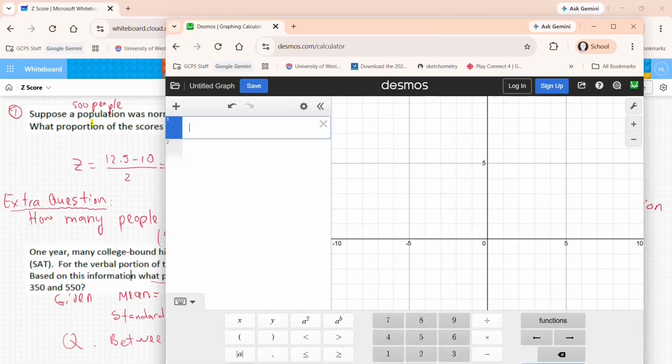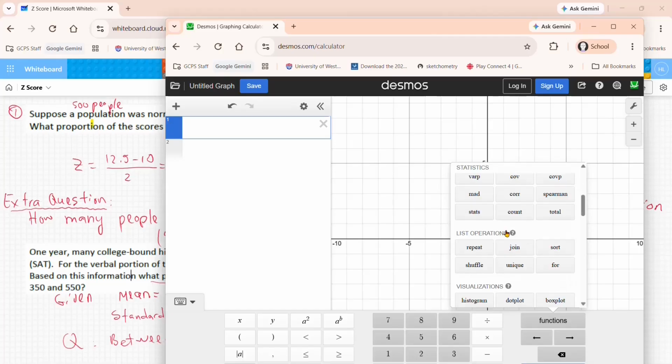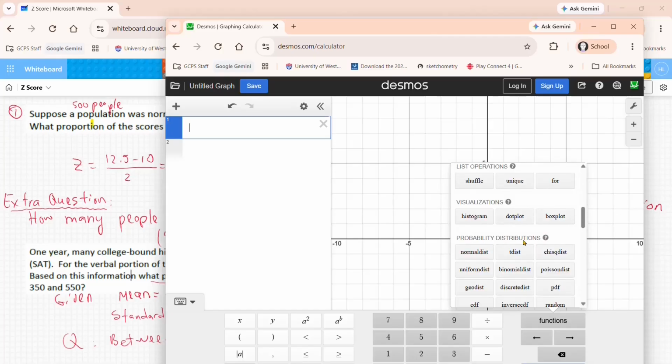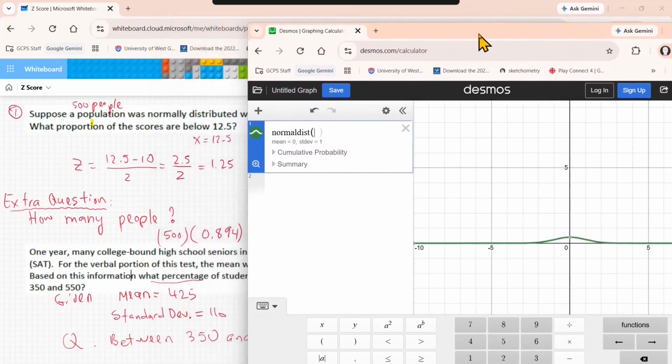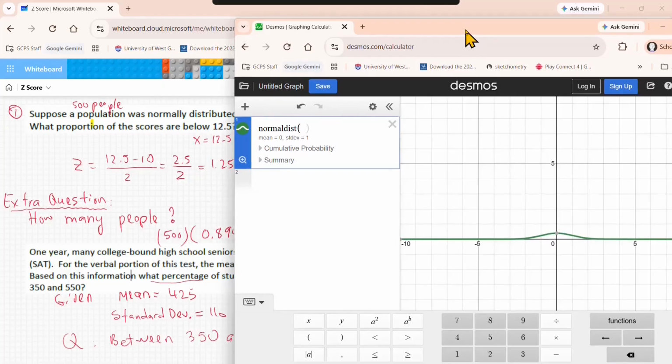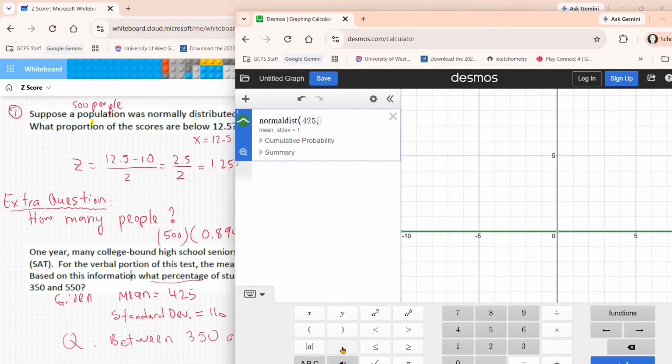You go to keyboard, functions, go down under probability distributions, click normal distribution. I'm going to go ahead and put the mean and the standard deviation first. So the mean is 425 and a comma, and I'm going to put the standard deviation 110, close the bracket, and I click on cumulative probability.